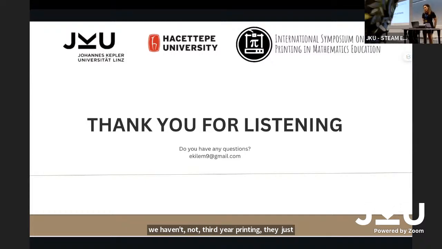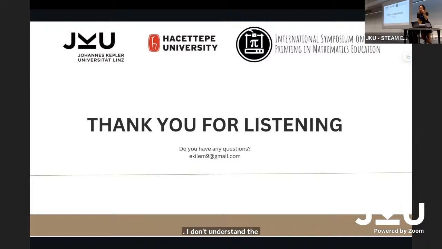Okay, thank you. For the first question, I don't understand exactly. Actually, we selected these rubrics specifically for the mathematical problem solving with these CT components, and the study shows the components.